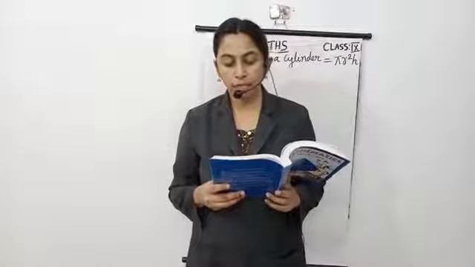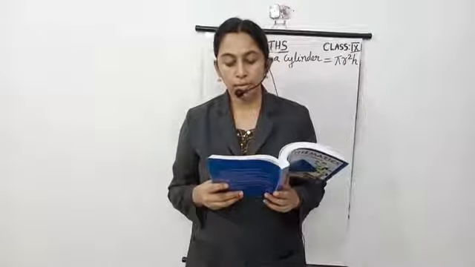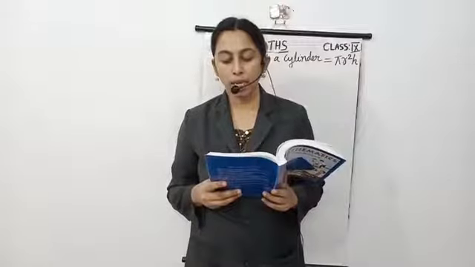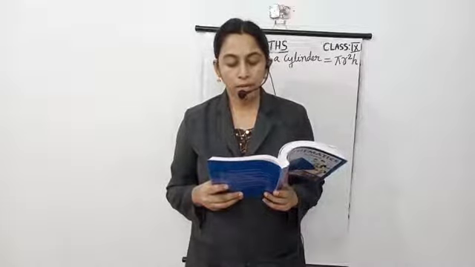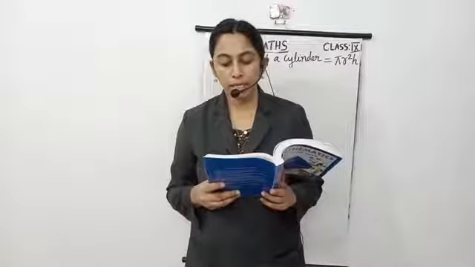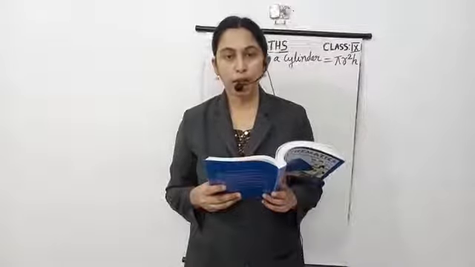Now question 7. A lead pencil consists of a cylinder of wood with a solid cylinder of graphite filled in the interior. The diameter of the pencil is 7 millimeter and the diameter of the graphite is 1 millimeter. If the length of the pencil is 14 centimeter, find the volume of the wood and that of the graphite.